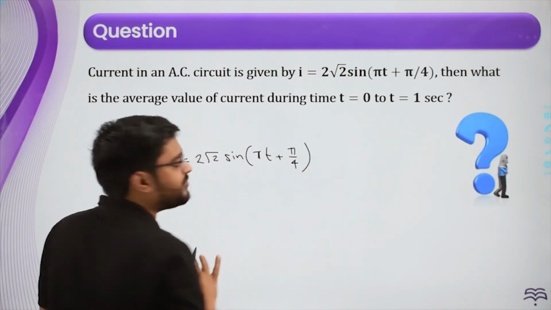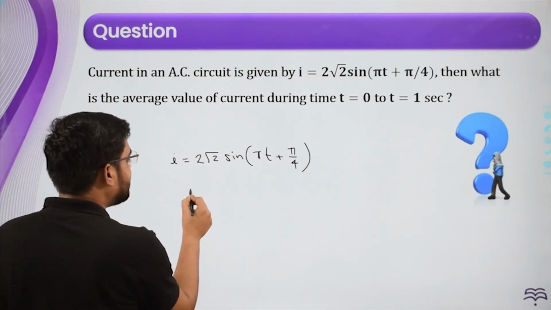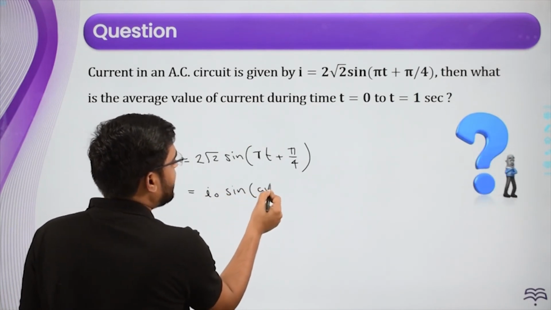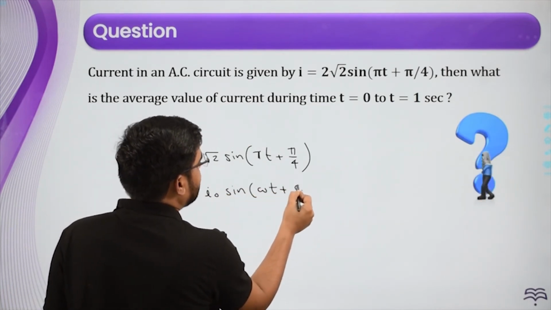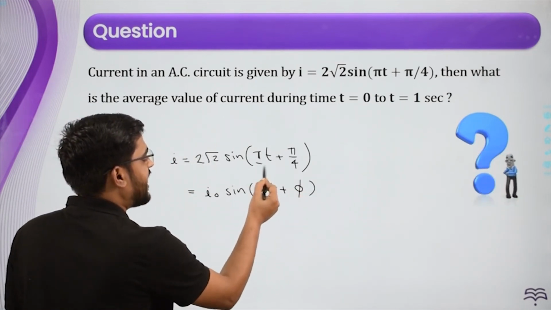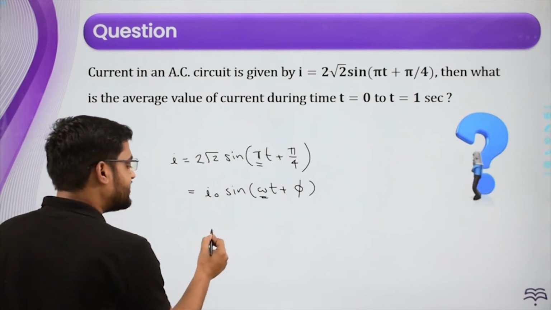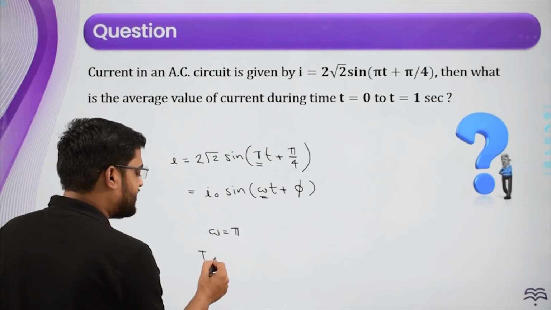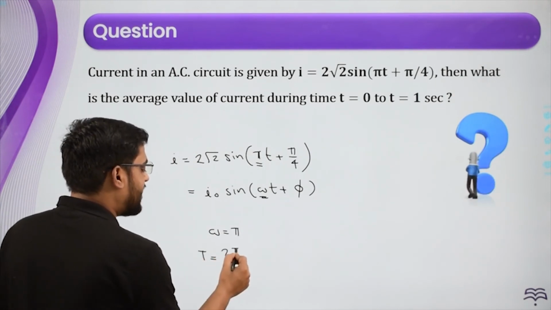Comparing it to my standard equation, I is equal to I naught sine(omega t plus phi), I will say my omega is nothing but pi. And now let us find the time period. Time period is 2 pi by omega.